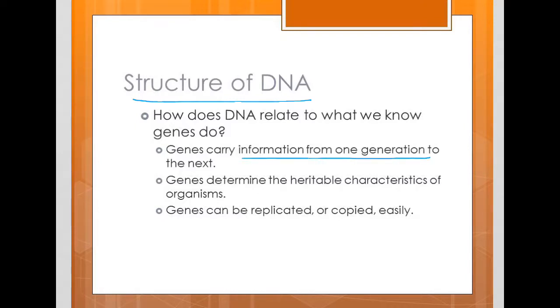We know that genes determine the heritable characteristics of organisms, so it determines what your eye color is and your hair color and things like that. And we know genes must be able to be replicated or copied easily so they can be in all of our cells. And so when we were talking about the structure of DNA, it needed to relate to all of these things that we know genes must be able to do.